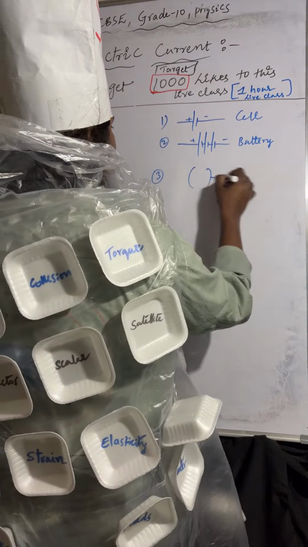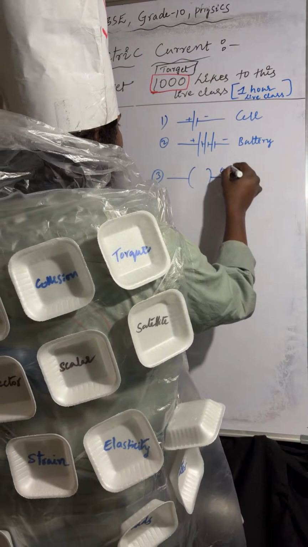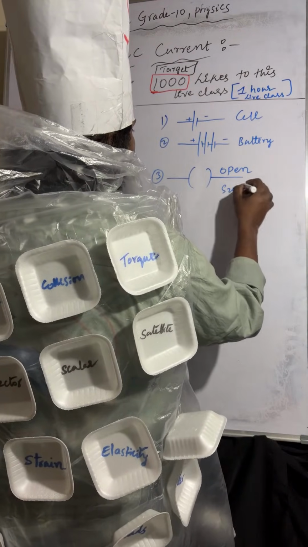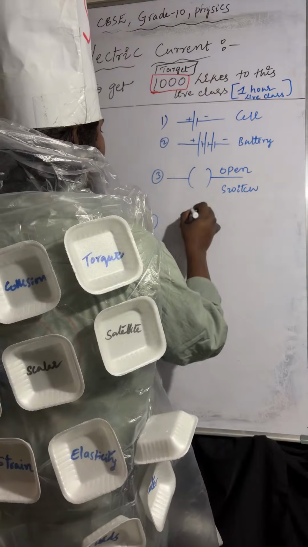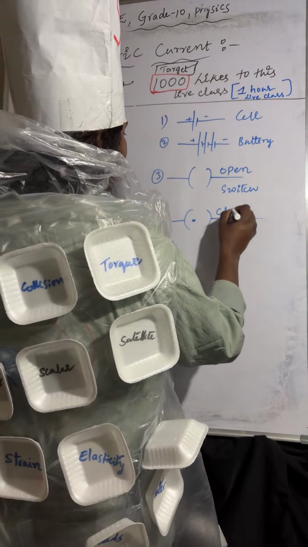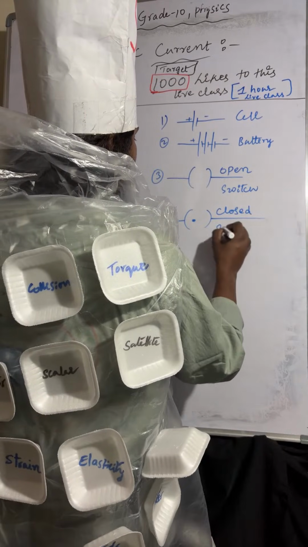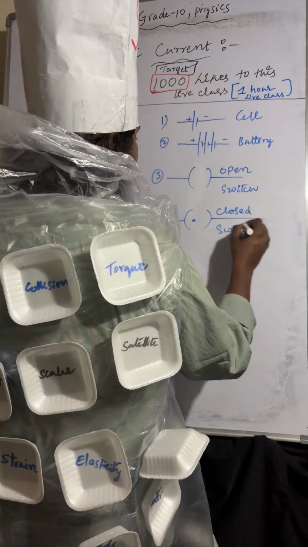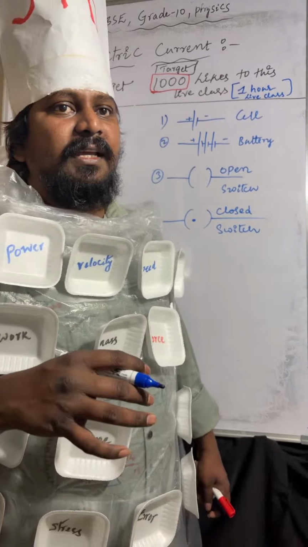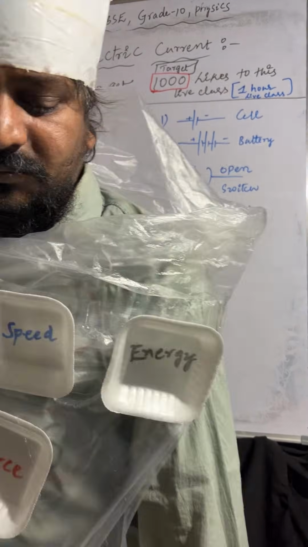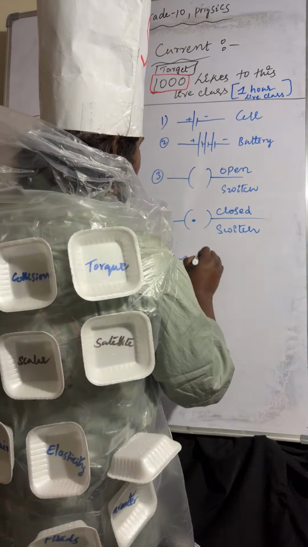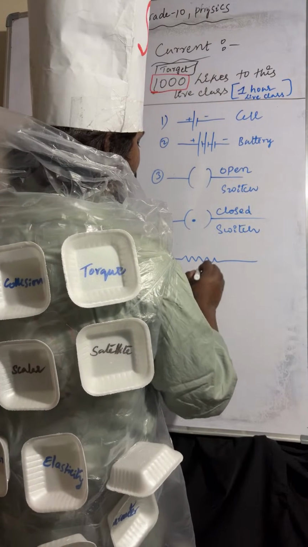This is the open switch. Next one is the closed switch. And coming to the fifth one, the resistor. This is the resistor.